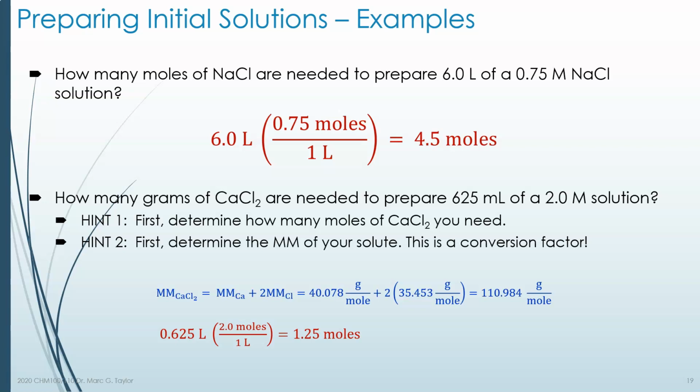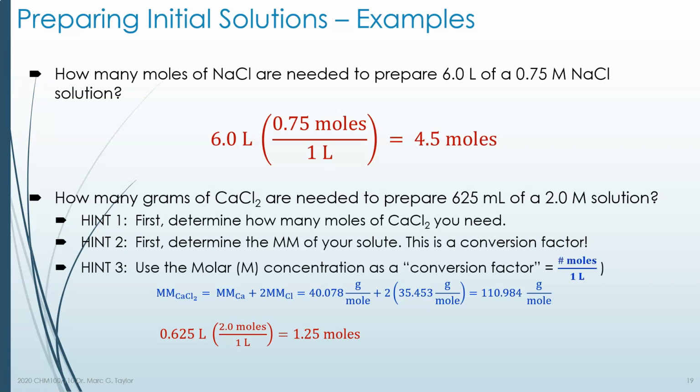Anytime you have a unit that has something divided by something in the unit, that value is automatically a conversion factor that will allow you to convert from the top unit to the bottom unit or the bottom unit to the top unit. So grams per mole, if I know the grams per mole, I can turn grams into moles, I can turn moles into grams, depending on how I write this.